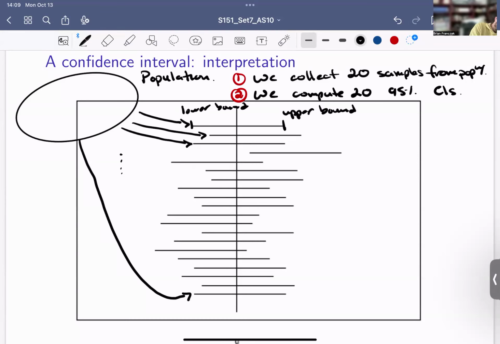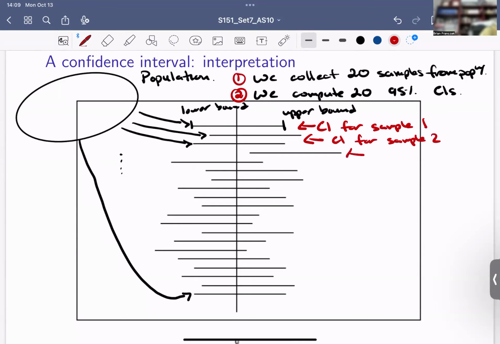So this is the confidence interval for sample 1. This is the confidence interval for sample 2. This is the confidence interval for sample 4, etc. So we have 20 confidence intervals, one for each of the samples that we have taken. Again, we will usually only work with one sample, but this is just for illustration.